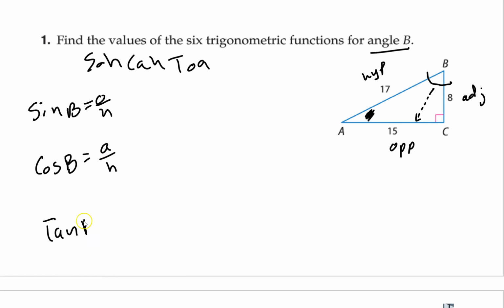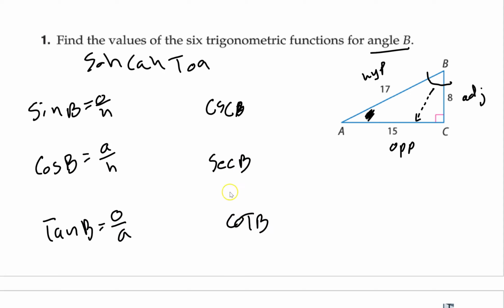Tan of B is TOA, opposite over adjacent. Once I figure out those, I know the reciprocal functions, because sine goes with cosecant. So cosecant of B, cosine goes with secant of B, and tan goes with cotan of B.